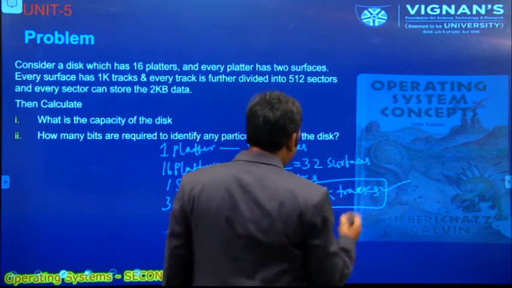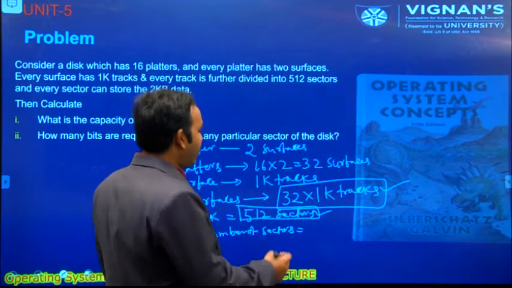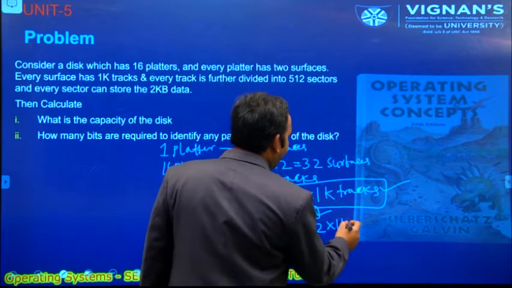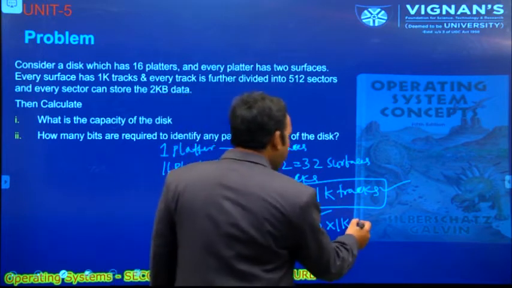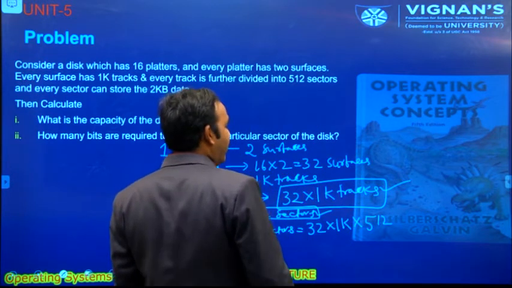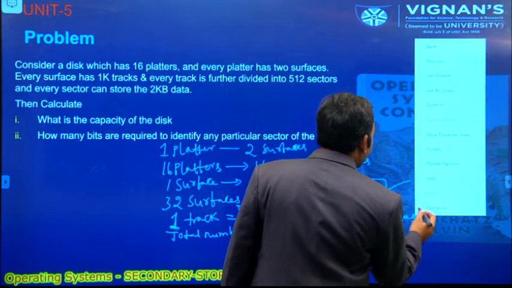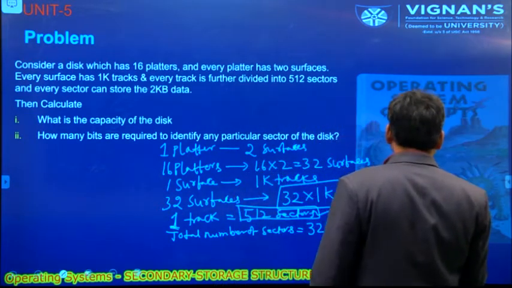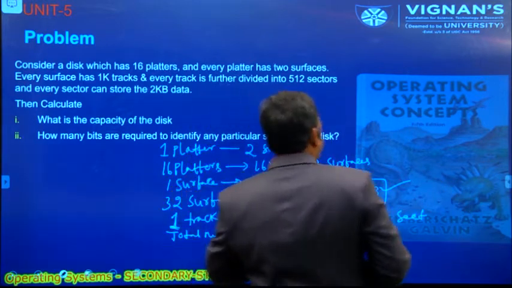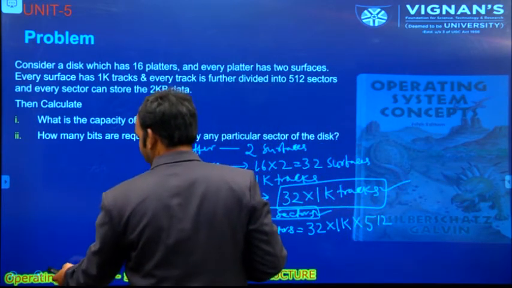We know the total tracks and the number of sectors per track. So the total is 32 into 1K tracks into 512 sectors.